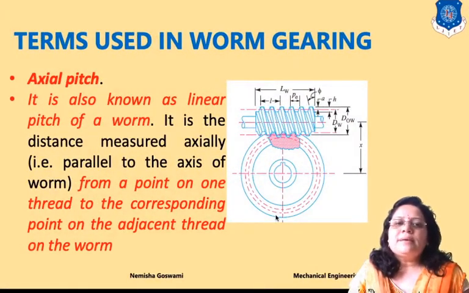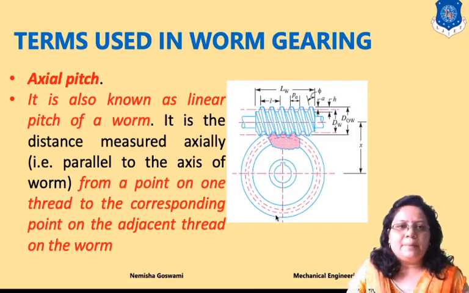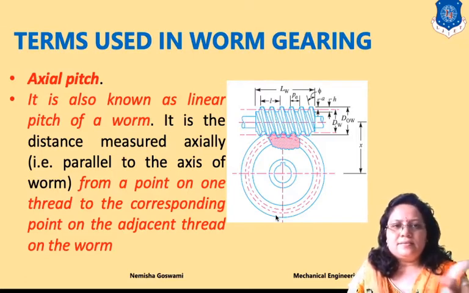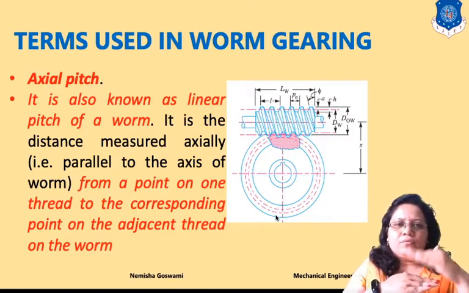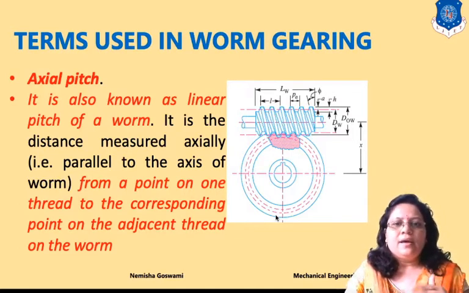Now, what is the basic terminology? First of all, axial pitch. You can see in this figure clearly, it is indicated by PA, and it is also known as the linear pitch of the worm. How do you define it? It is the distance measured axially, meaning parallel to the worm axis, from a point on one thread to the corresponding point on the adjacent thread.